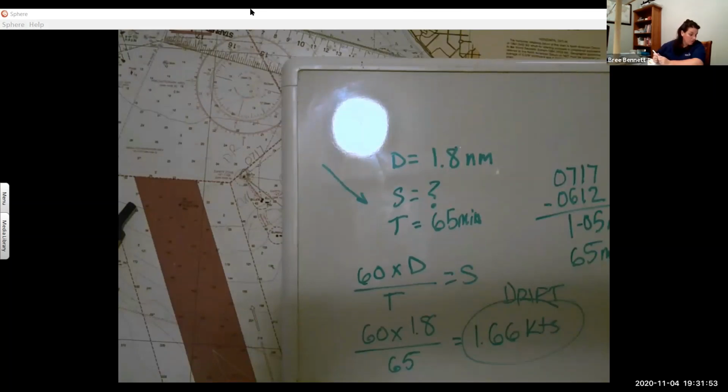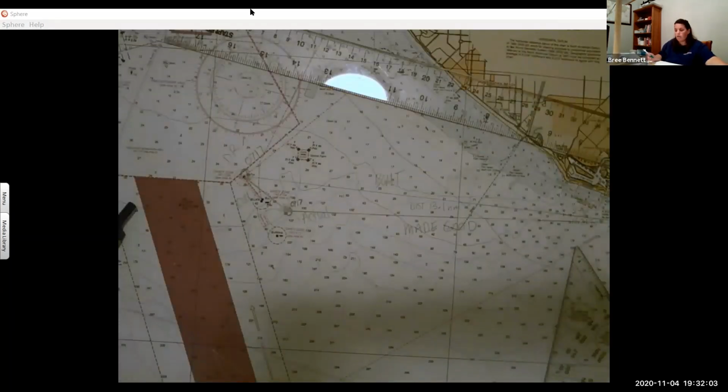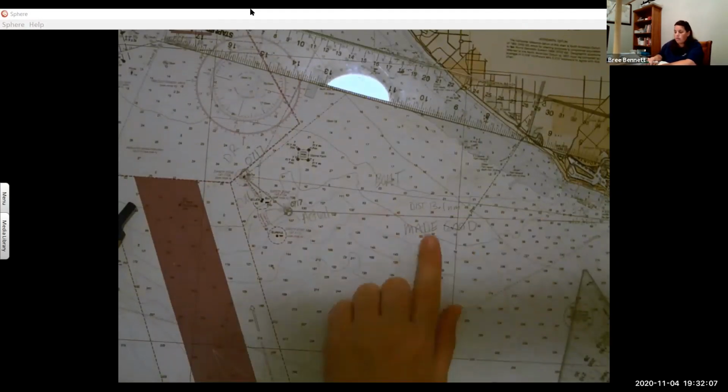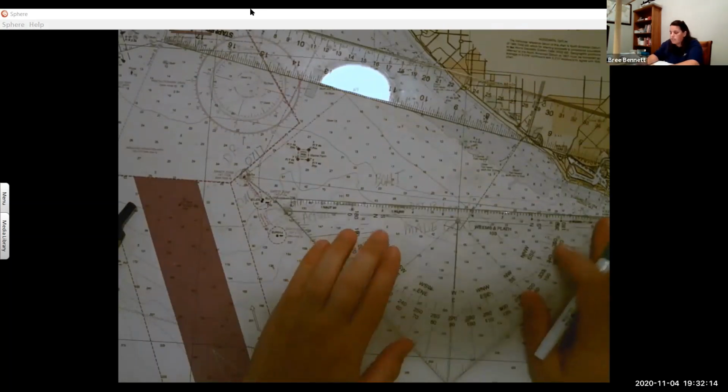Our next question on here was what was our course over ground and speed over ground? So we're looking at our made good side of this triangle, and I want to see what my course was.